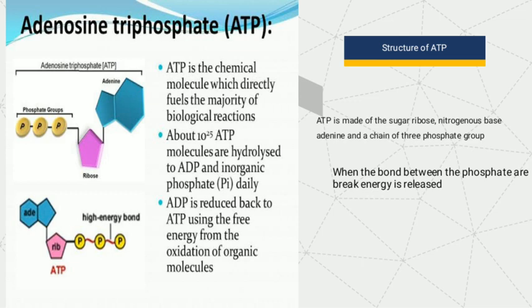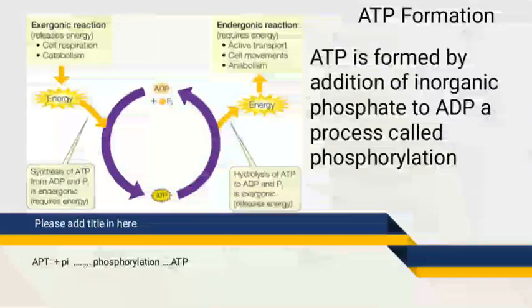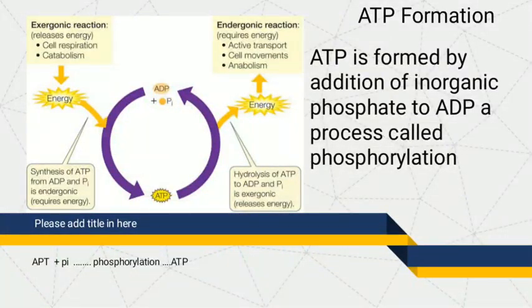And moving to the next slide. How ATP is formed. ATP is formed by a process called phosphorylation. ATP is formed by addition of an inorganic phosphate to ADP, a process known as phosphorylation.